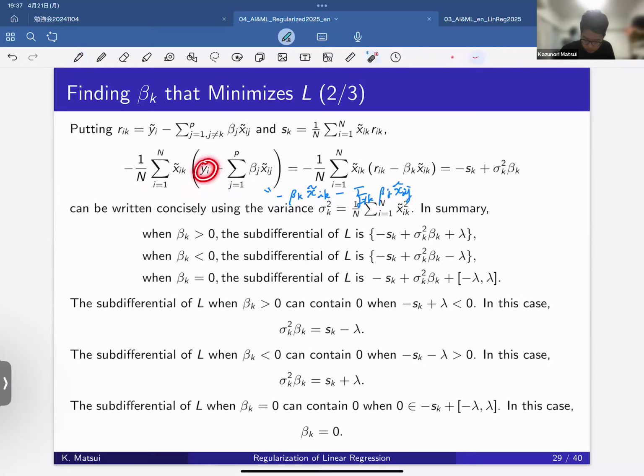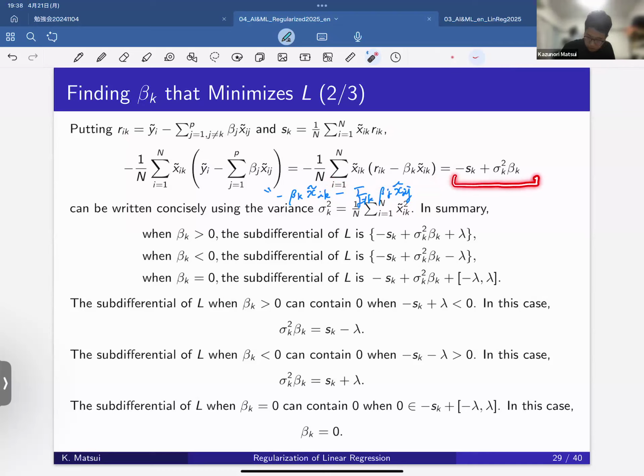So this part is equal to Rik. This part corresponds to Sk. So this allows us to rewrite the expression. If we define Sk as the sum, finally we obtain this.